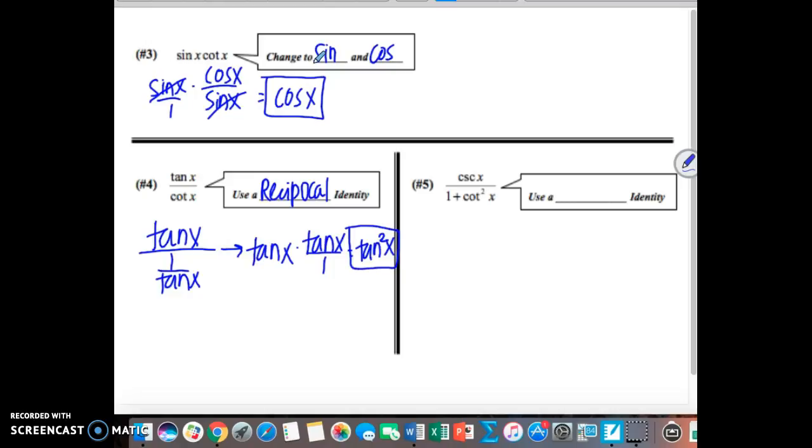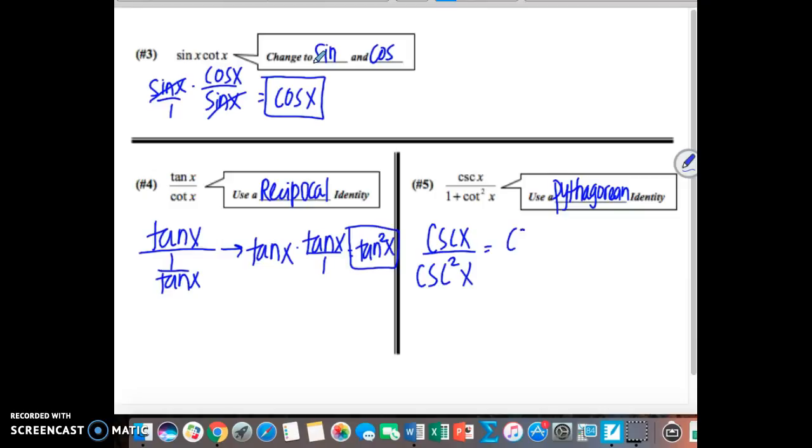And lastly, for number 5, we have cosecant of x divided by 1 plus cotangent squared of x. We will use a Pythagorean identity. So we know 1 plus cotangent squared of x can be rewritten as cosecant squared of x.